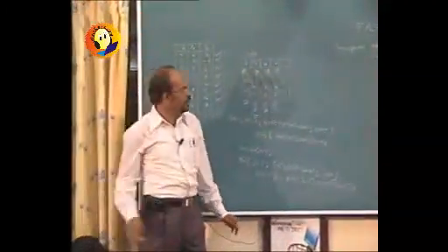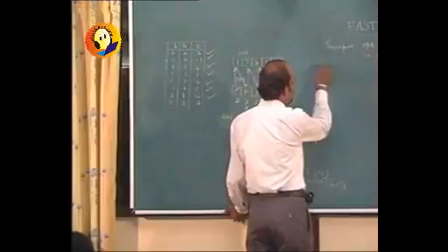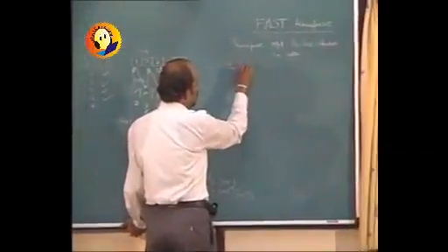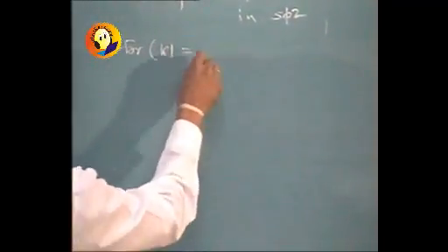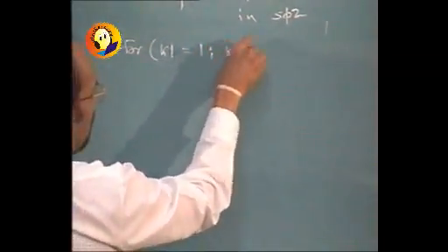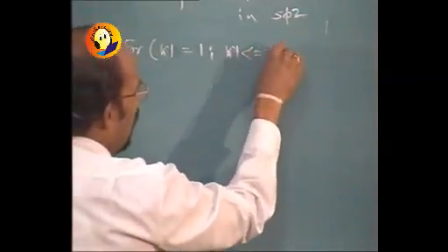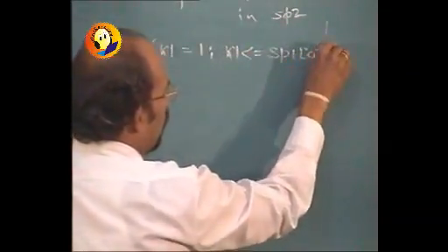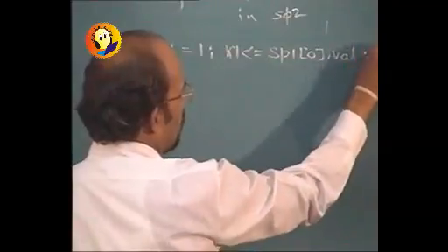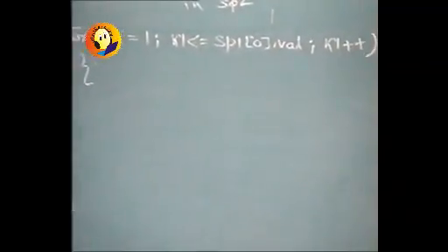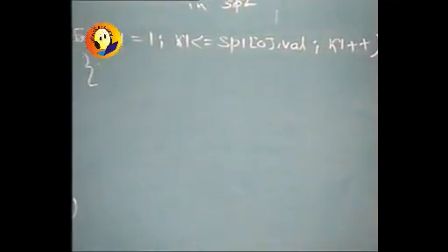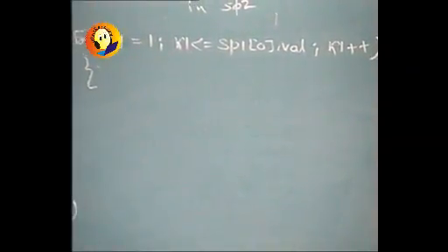So how do I write it now? It will be for k1 equal to 1, k1 less than or equal to sp1[0].val, k1 plus plus, because I will have to go through this sparse matrix fully from top to bottom once.